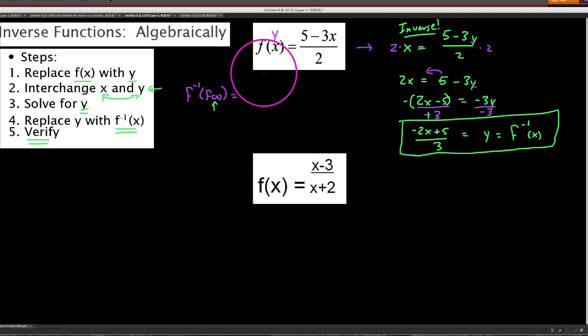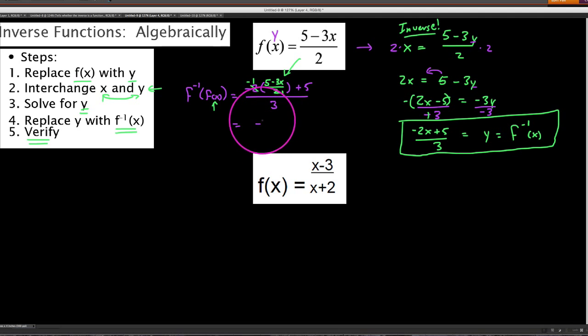So because I'm plugging into f inverse of x, and my f inverse of x is this negative 2x plus 5 over 3 thing, I get negative 2 times the input plus 5, and this is over 3, and we're going to plug in f of x. So I get 5 minus 3x all over 2. The first thing I notice is that these cancel out. This becomes a 1. This becomes a negative 1.